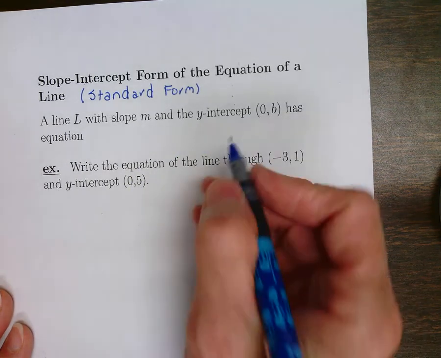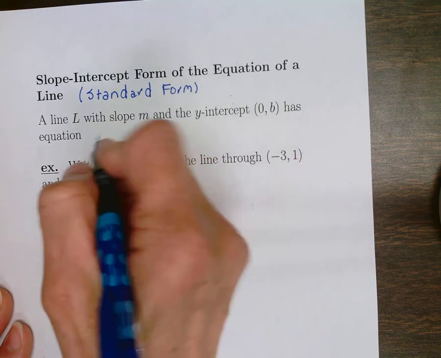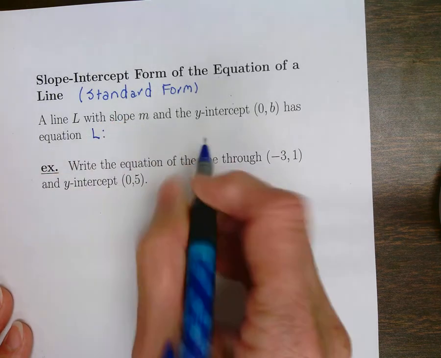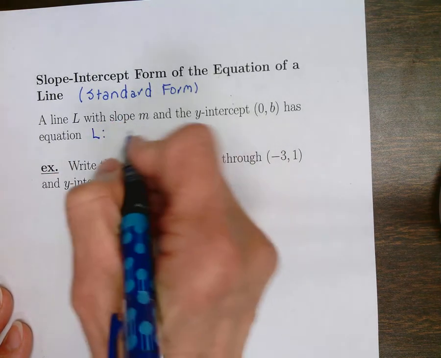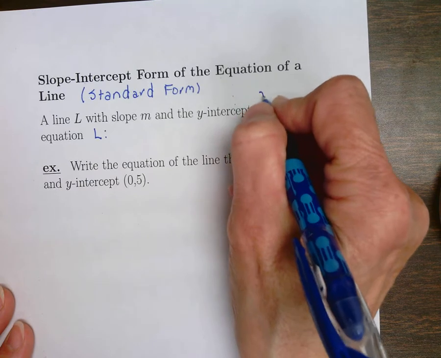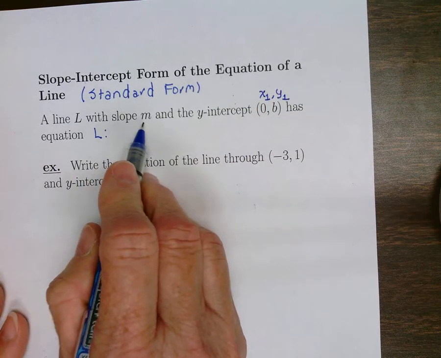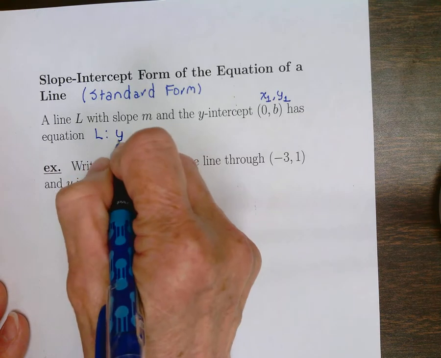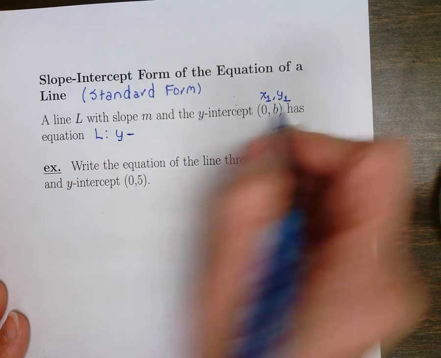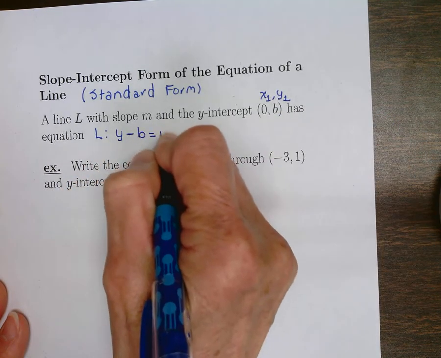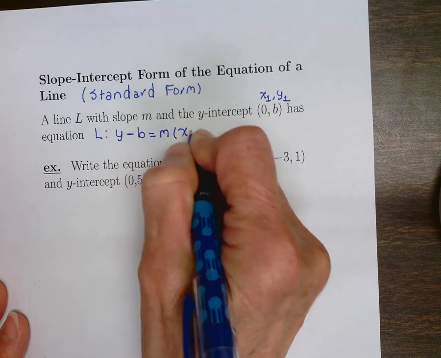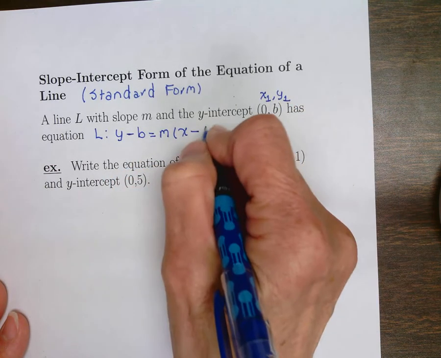And to find that, we just use the point slope formula for our given line. So this is my x1 and my y1. The slope is m. So what do I have? y minus y1, which is b, is slope times x minus x1, which is 0.